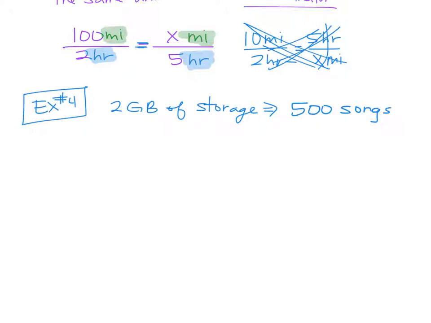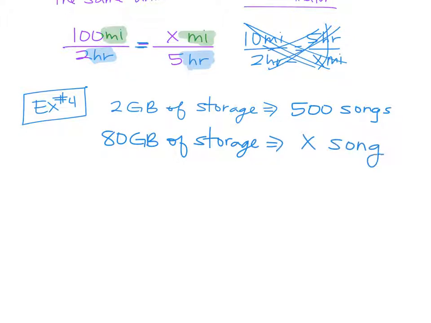It says a similar but larger MP3 has 80 gigabytes of storage. And we want to know how many songs would that one be able to hold. Okay, so 2 gigabytes of storage for 500 songs, 80 gigabytes of storage for how many songs?